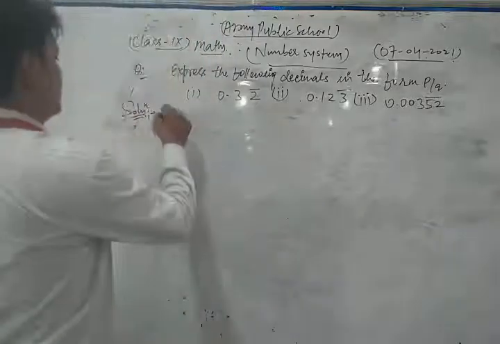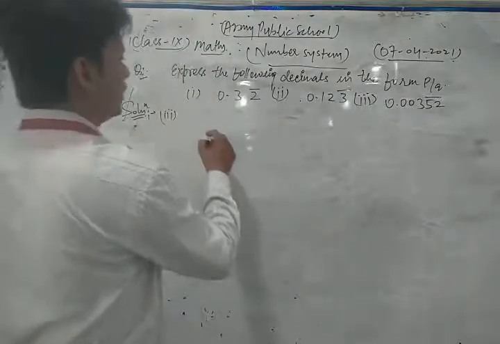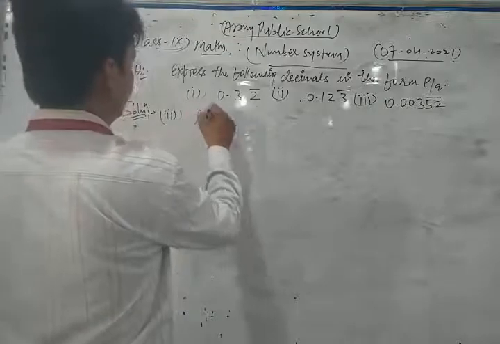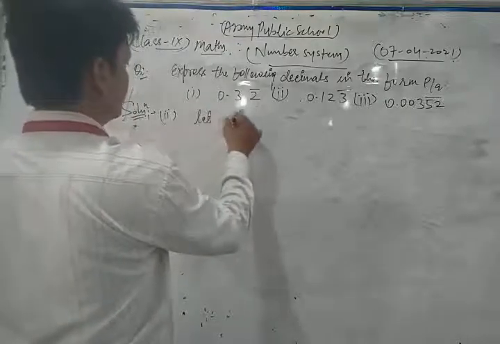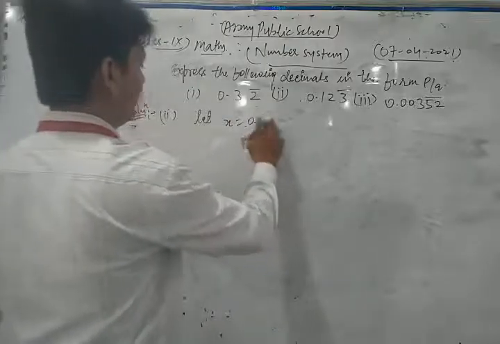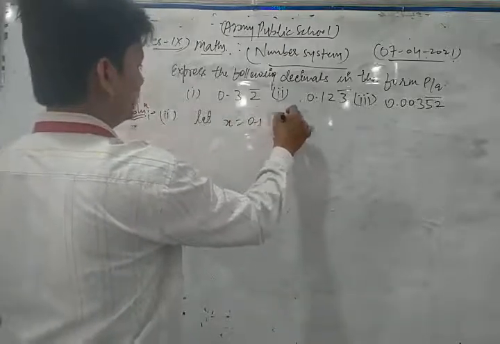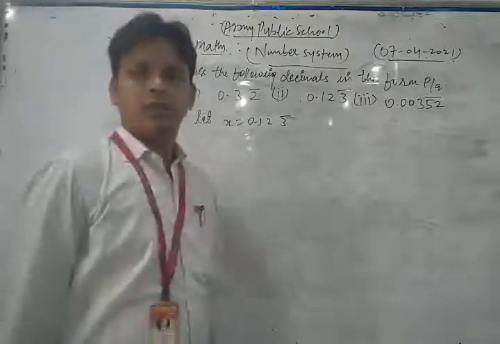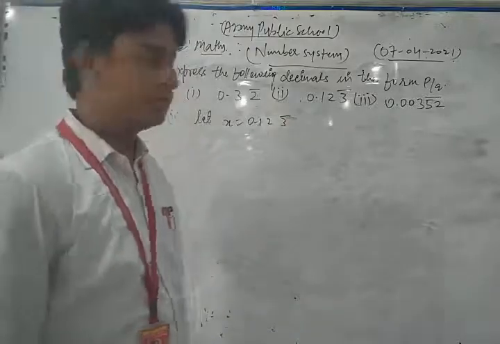Now, let's see the next part of this question. First of all, we let x is equal to 0.123 bar. Now, we take equation 1.